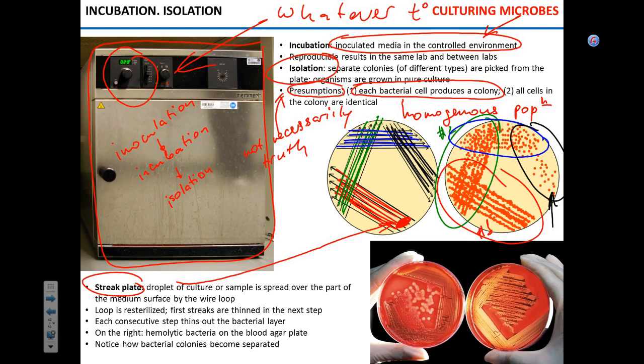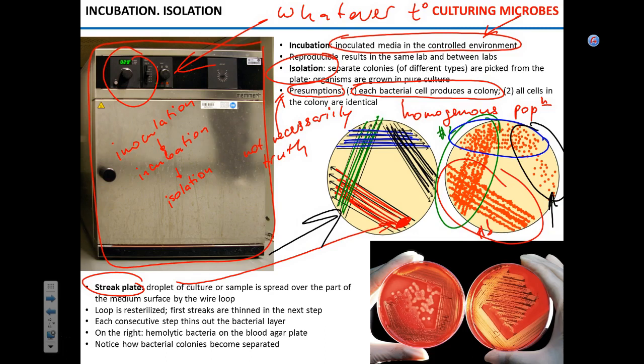By using this technique, the streak plate technique, you can separate two different species and see if your original colony was homogeneous or it had more than one species. Does that make sense? And then, after you performed a streak plate, you can pick exactly what you want.